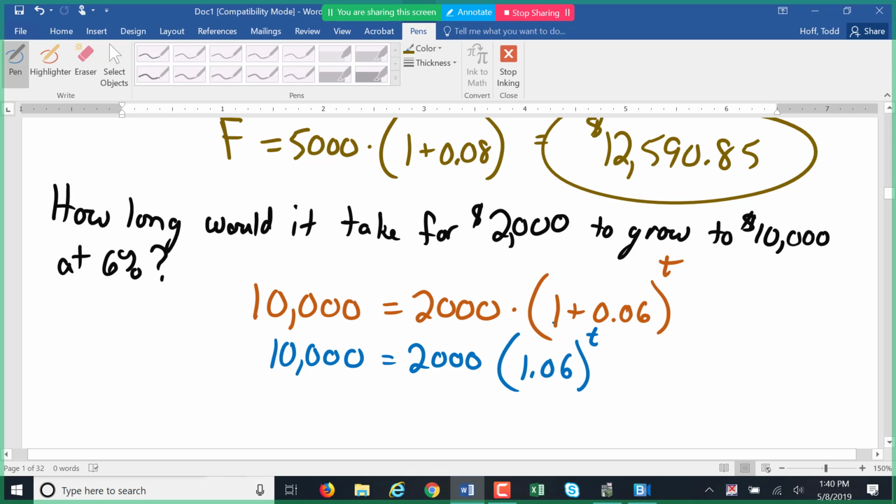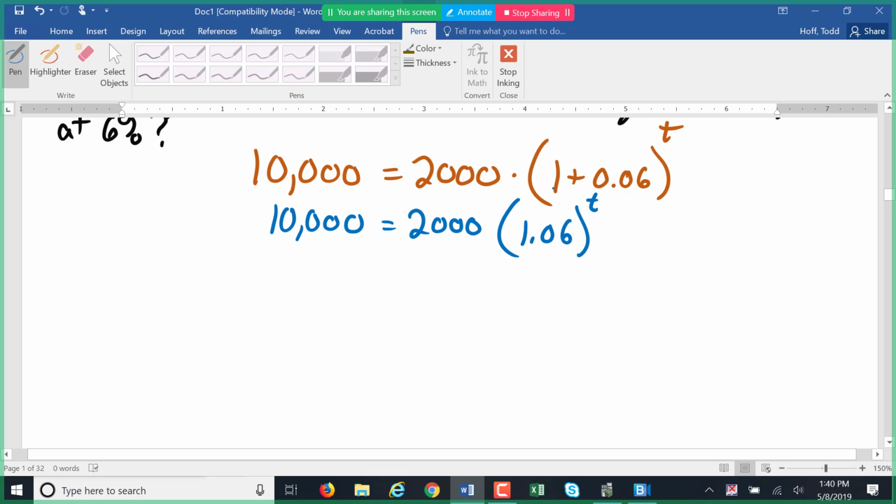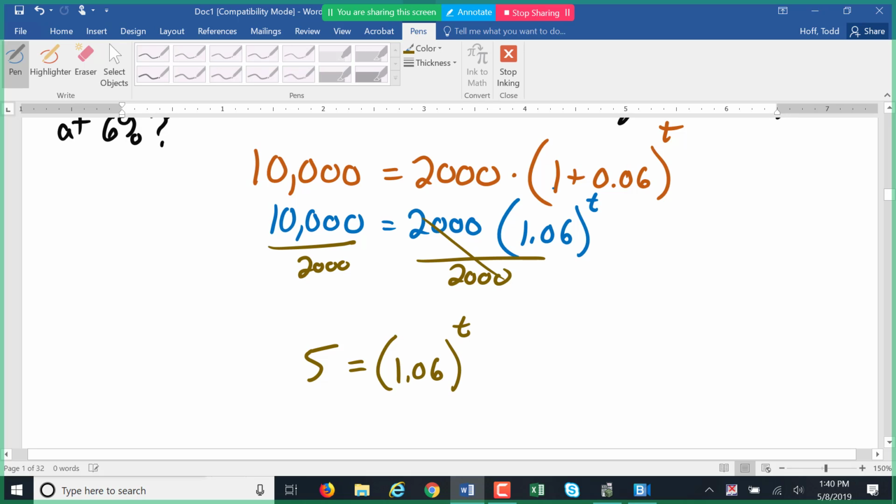Next, I have to get my exponential by itself. I have to isolate the exponential. How do I do that? Divide by 2,000. So 5 equals, the 2,000 is gone over there, 1.06 to the power of T.